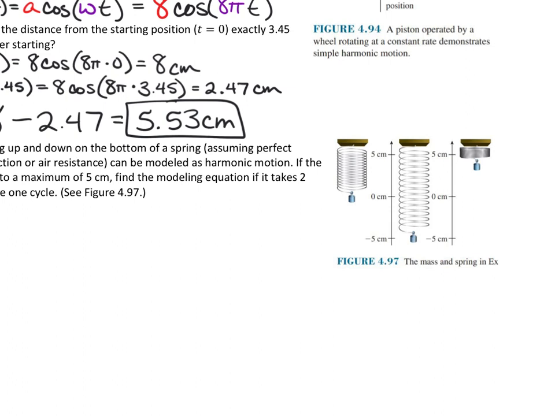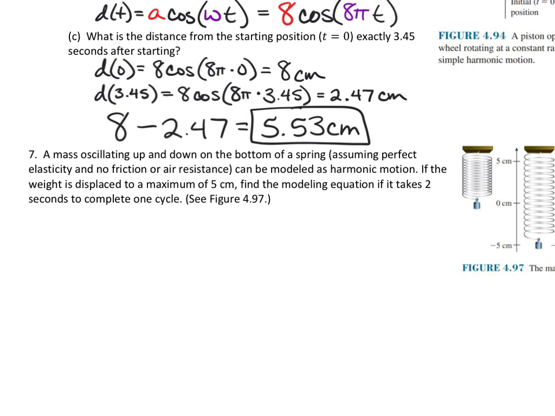We want to figure out an equation that models this situation. So we need to first decide if this is going to be sine or cosine. Here's the thing. Where does the regular cosine wave start? At 1, the maximum. Where does sine normally start? At 0.